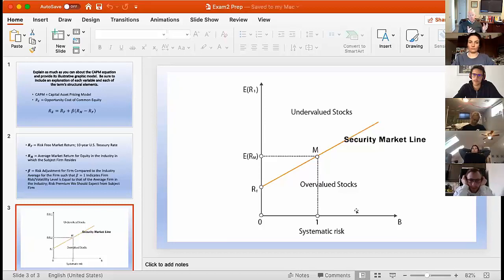There may be a reason that our company's RE is meaningfully higher than the market RM, because of some of the dynamics happening within the company, which is reflected by the beta, right? And so we may not be overvalued in and of ourselves. We may just have a higher value than the industry because there's a dynamic driving us there that maybe is superior to the rest of the industry. So you'll have to consider that.